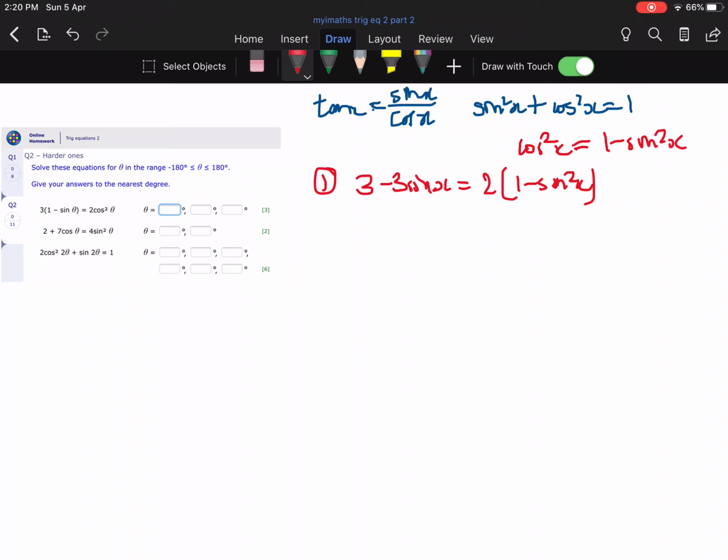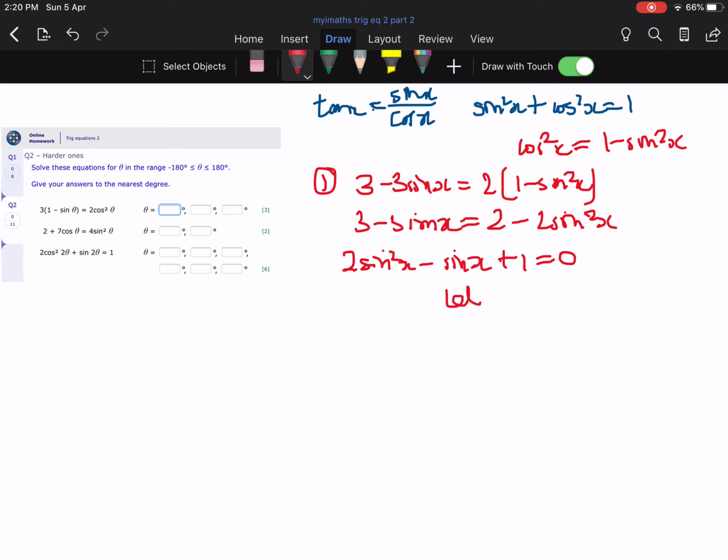So now I think I'm going to end up with a quadratic, which should allow me to put it into the trinomial form. Right, let's bring it all to the left hand side and make the right hand side equal 0. So I end up with 2 sine squared x minus sine x, and then 3 minus 2 is going to give me plus 1 is equal to 0.